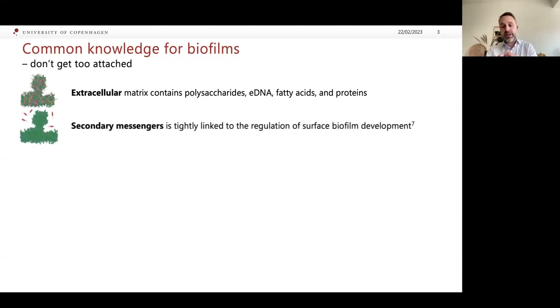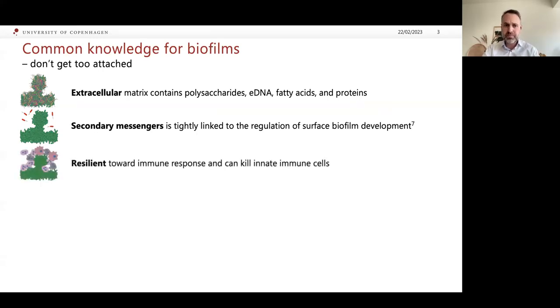And the jump from being a planktonic bacteria that is swimming around to a biofilm, we know that is really very strictly regulated by secondary messengers, so small molecules inside of the bacteria that switches them from the planktonic stage of swimming around to the biofilm and regulates the production of this matrix.